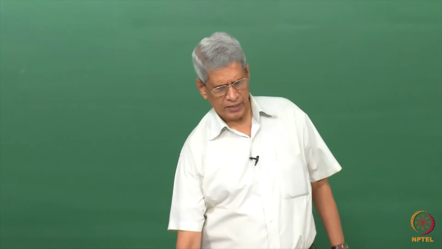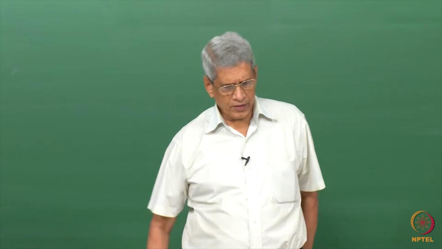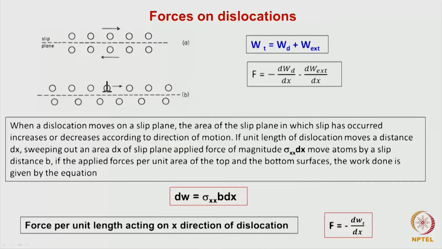Suppose there is a dislocation present in the material. The dislocation moves from one position to another. That means that when the dislocation moves, this stress is doing some work on the material. Correct?